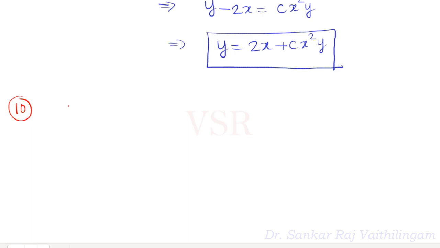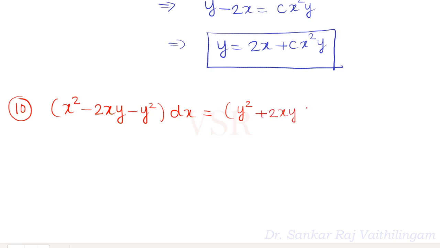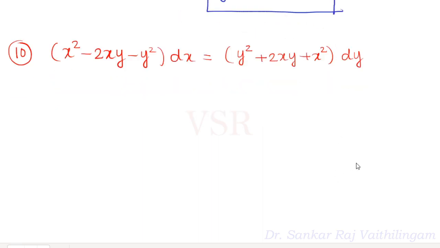It is given that x square minus 2xy minus y square into dx which is equal to, it is given that y square plus 2xy plus x square into dy. சரி, ப்ராப்ளம் easy. இது என்ன பண்ண போறோம்? dy by dx ன்னு எழுத போறோம். So we'll have solution.